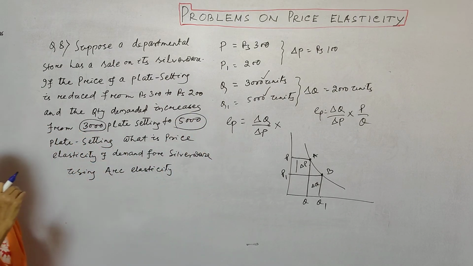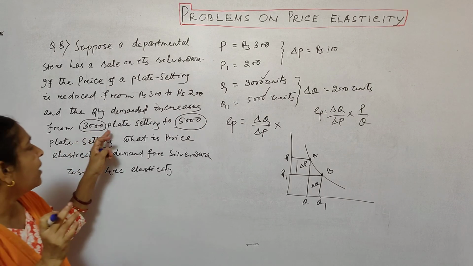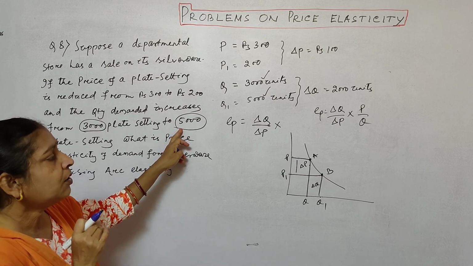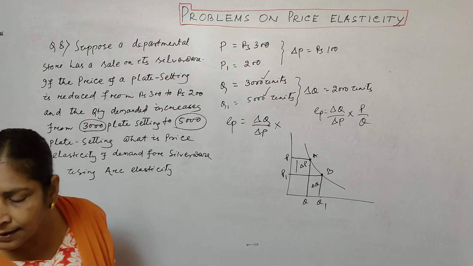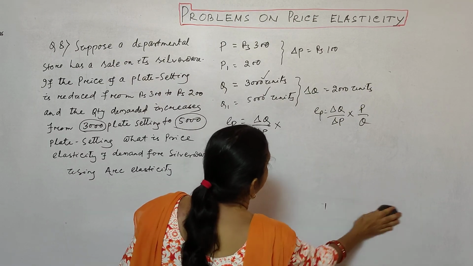So here the change is a spectacular amount, 2000 change. So delta Q here is 2000. With the application of the arc elasticity method, we will solve this problem.